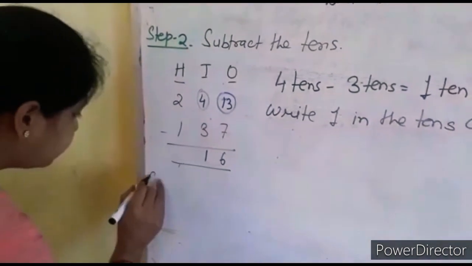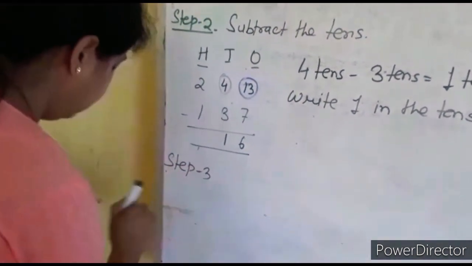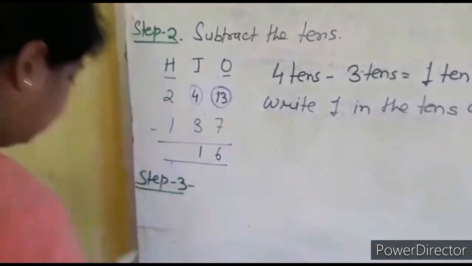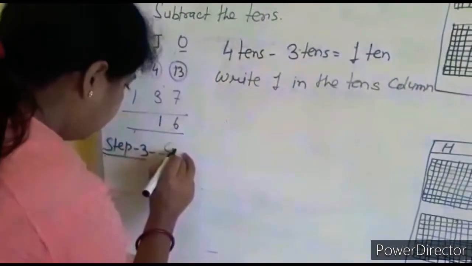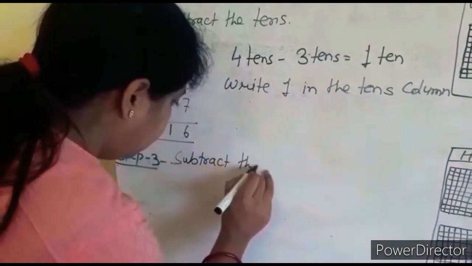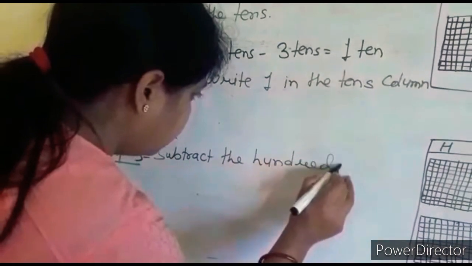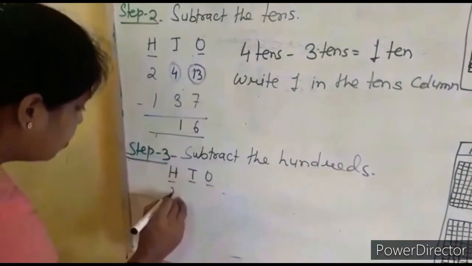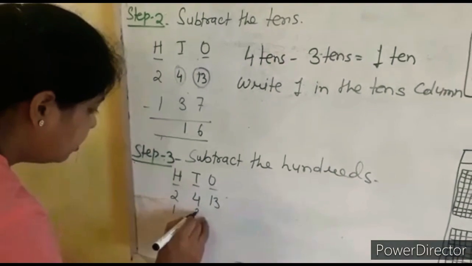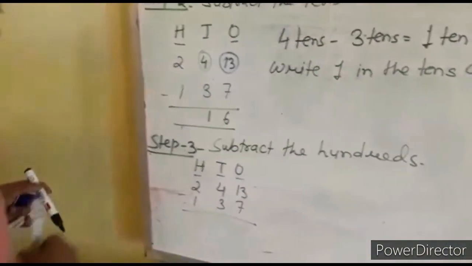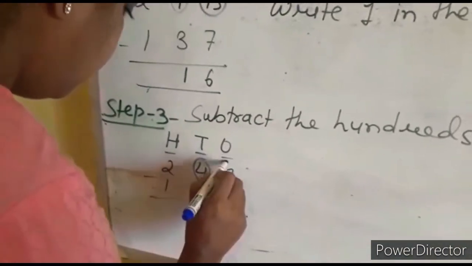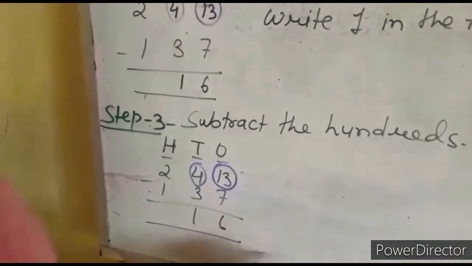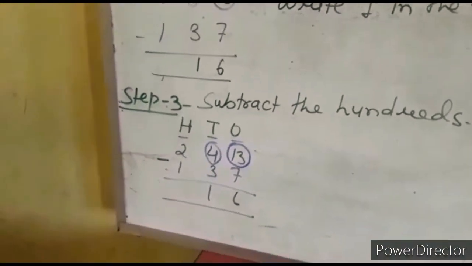Then in step 3, subtract the hundreds. Now we will subtract the numbers in the hundreds place.